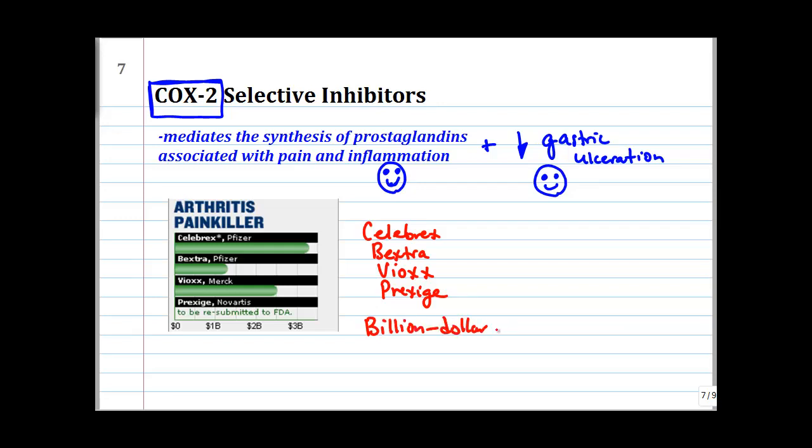However, over long-term studies of people who took these drugs, there was a major issue, and this was an increased risk of heart attack.